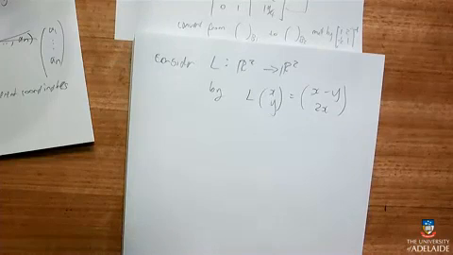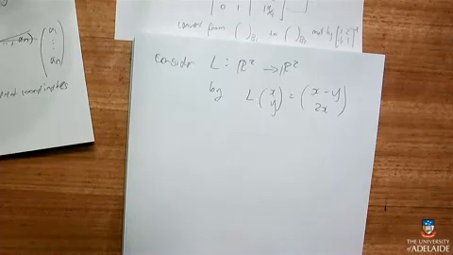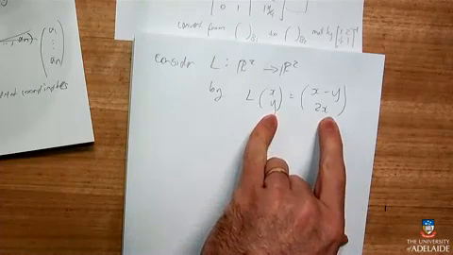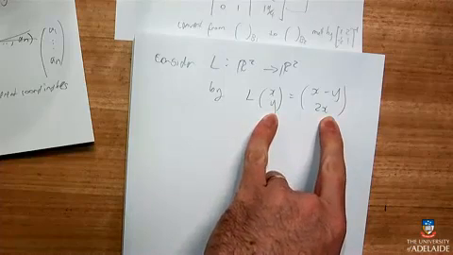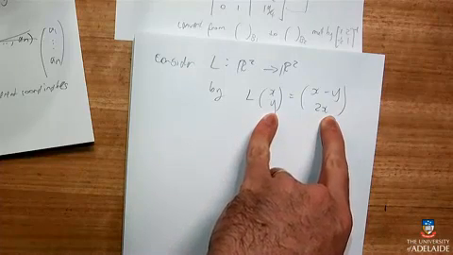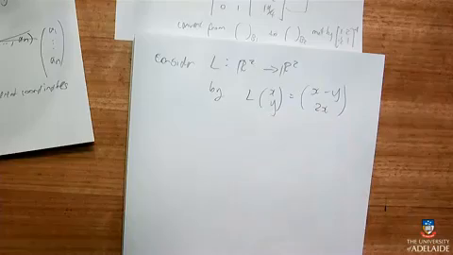I can create a matrix for this depending on the coordinates that I use. At the moment it's defined in terms of the coordinates of the original basis, but I can redefine it in terms of the new basis.